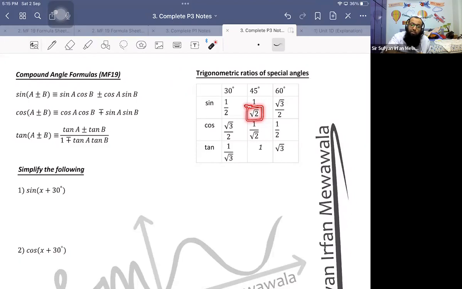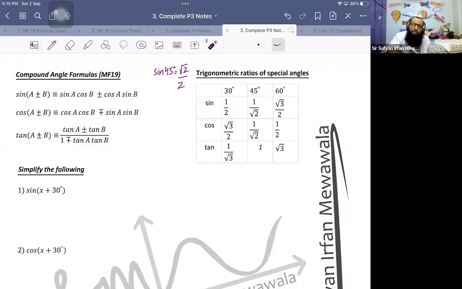So we say that root 2 is a surd. Whenever there are surds in the denominator, the calculator rationalizes it and gives you the answer. So if you type in sine 45 on your calculator, you'll get root 2 over 2. This means the calculator is rationalizing.